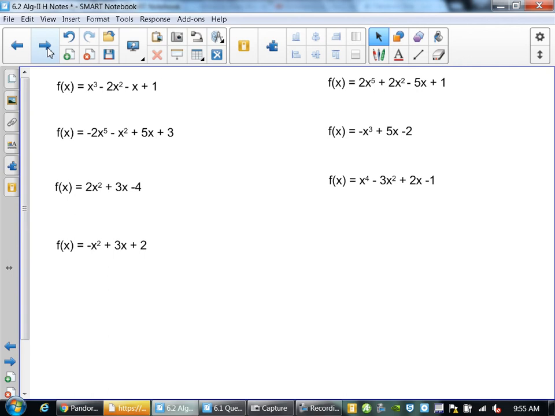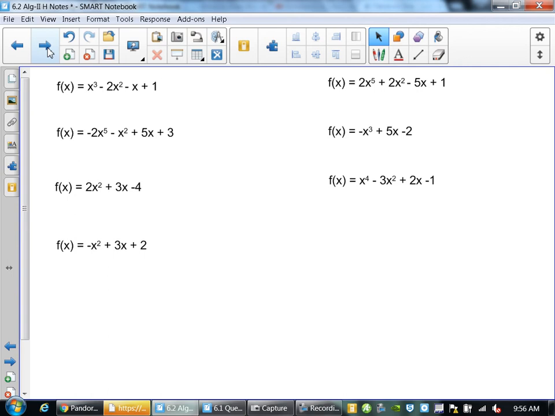You, 4th. 5th, 6th, 7th. All I want you guys to do is graph it. I want you to take a spot and put it in your calculator and draw what the graph looks like.